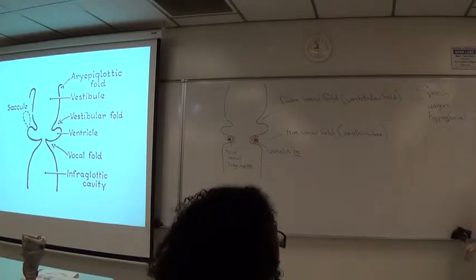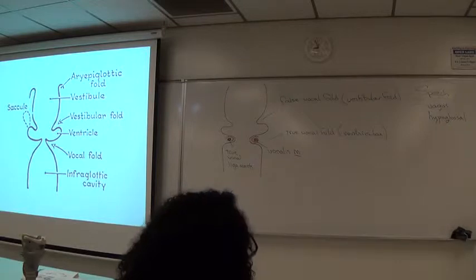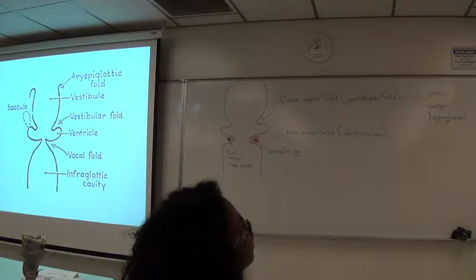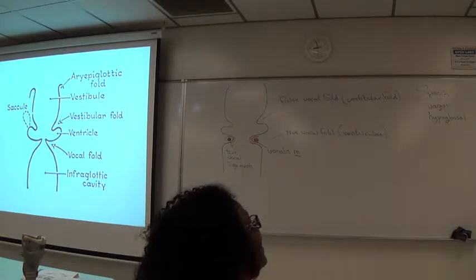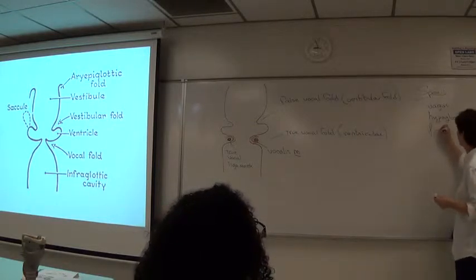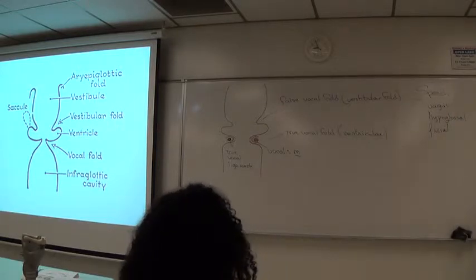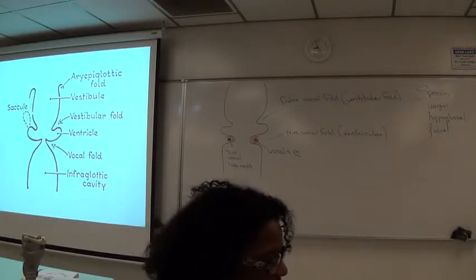Glossopharyngeal would be there for sensory, but we don't need it for speech itself. Why would you use facial? To move your lips. I can talk like this, moving my tongue around, but if I move my lips as well, it's going to be a lot easier. Okay, so those are the primary ones involved with speech.